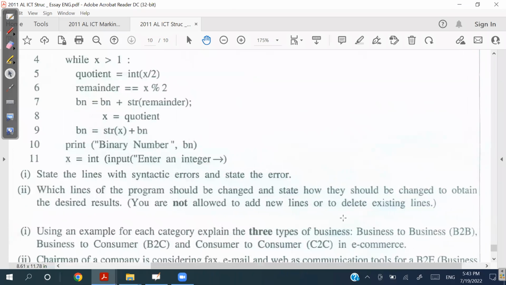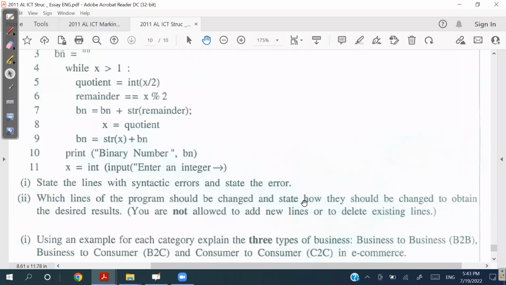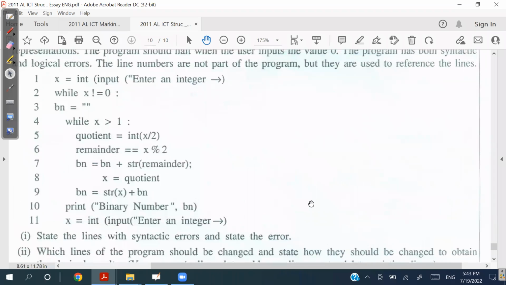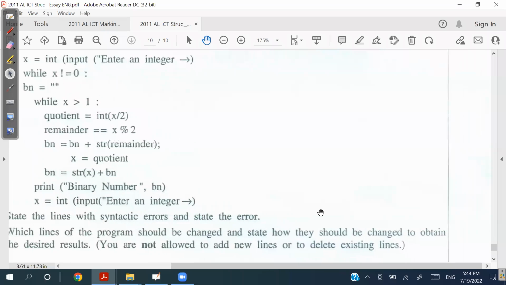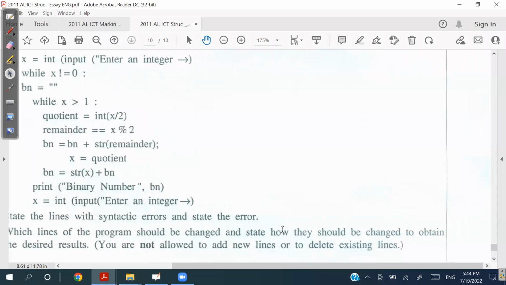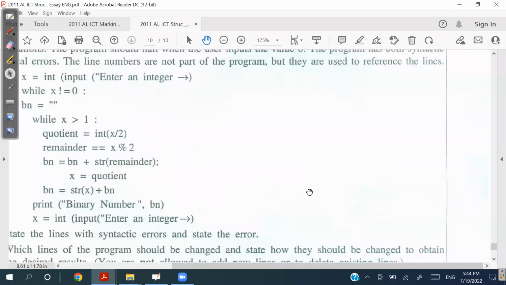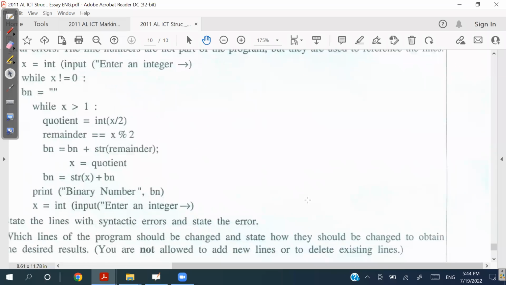If there is a logical error, that means you are not going to get the correct answer. So first of all, you have to figure out in which part this logical error is going to be, right?